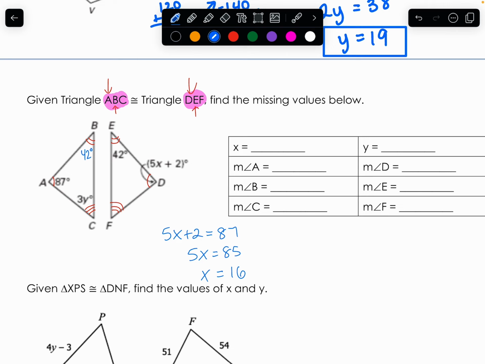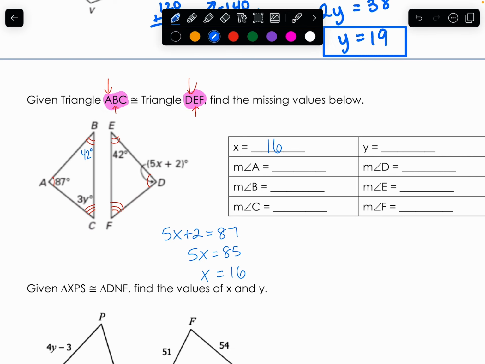And I got 16. And now for angle C. So if I can figure out what angle F is, then I can do part equals part with angle C. So let's figure that out.